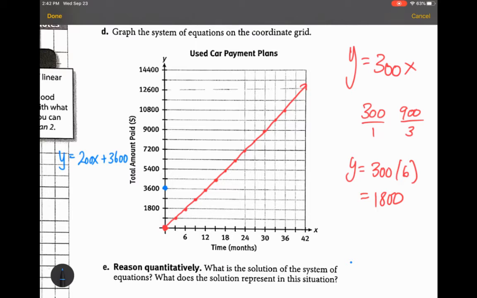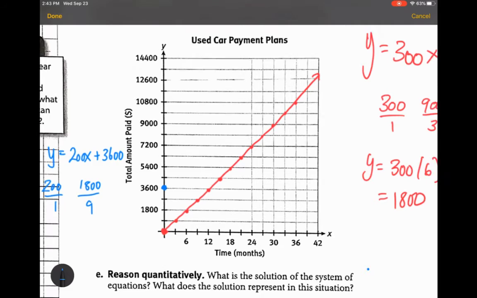And so if we have this slope of 200, what can we turn this into to where it would actually be something we can calculate? We could do 1,800. Okay, so 1,800 over 9.